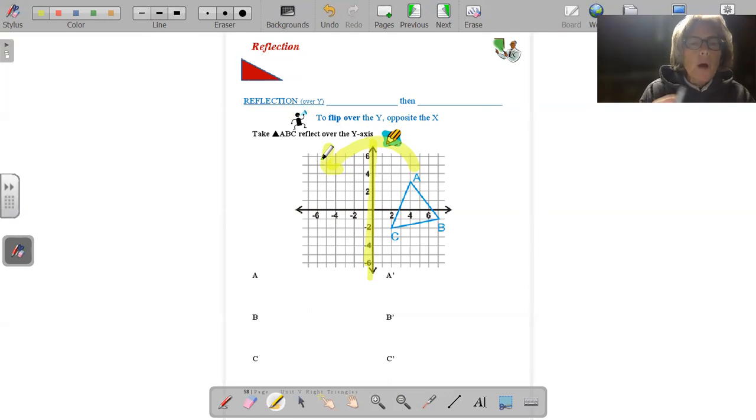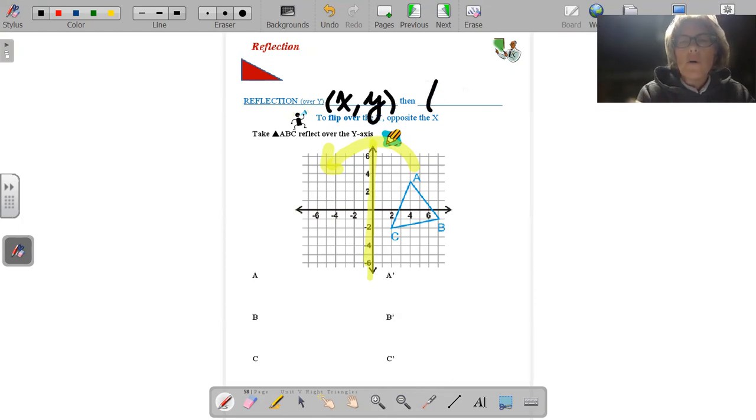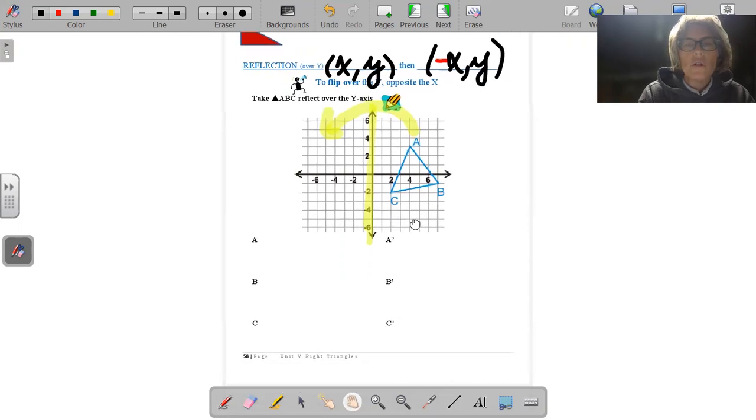So to flip over the y, you simply opposite the x. So if I have this coordinate, x, y, to flip over the y, you opposite the x coordinate because you're flipping over a horizontal motion.